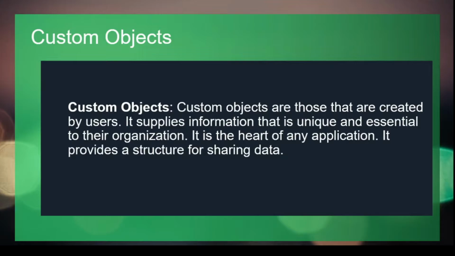It is the heart of any application and provides a structure for sharing data. So there are standard objects, and you can also create your own objects, which we call custom objects.